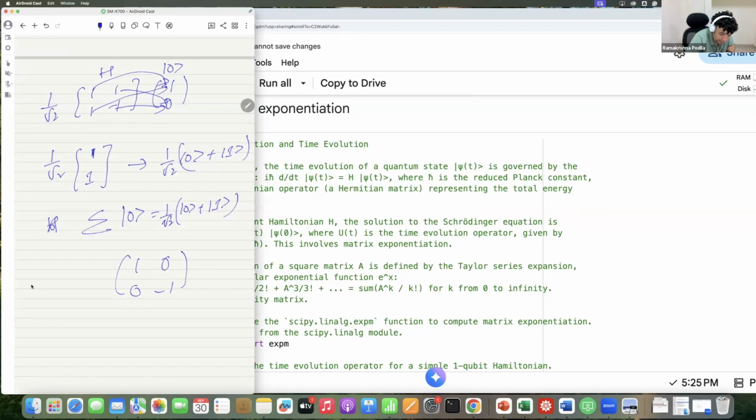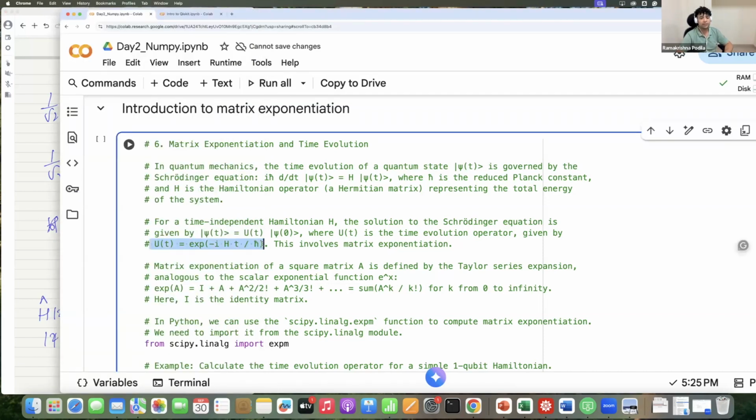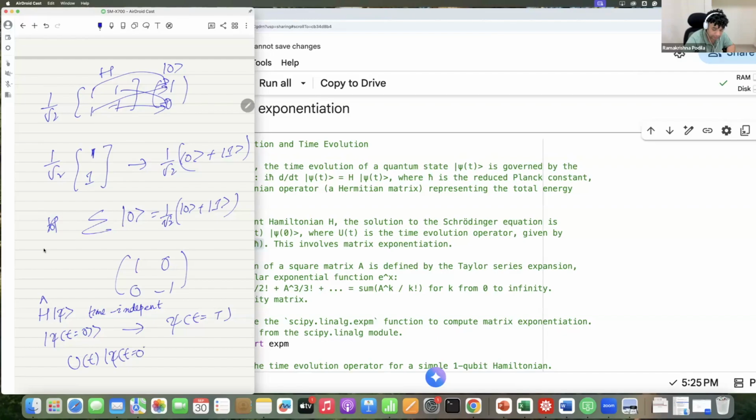When we looked at H psi, and when H is time independent, we saw that if I am given psi at time t equal to 0, and I want to find psi at a later time t, then I could use a unitary time evolution operator, U of t, acting on psi of t equal to 0, which would give me psi of t.